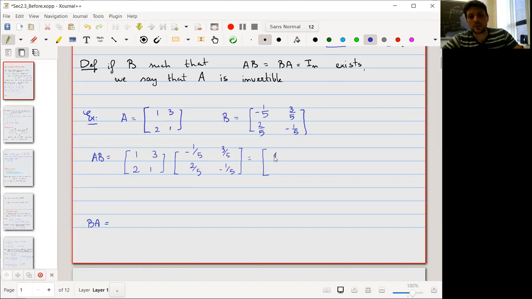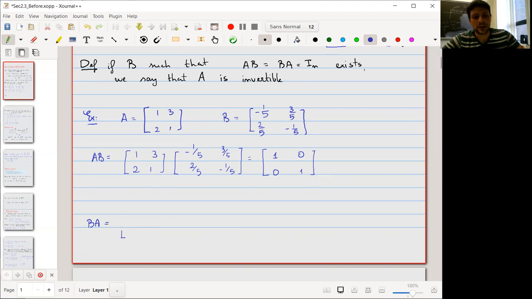That's 1. Here I get minus 2 times 1/5 plus 1 times 2/5. That's 0. The third entry up here is 3 times 3/5 plus 3 times minus 1/5. That's also 0. And 2 times 3/5 is 6/5, minus 1/5 is 1.